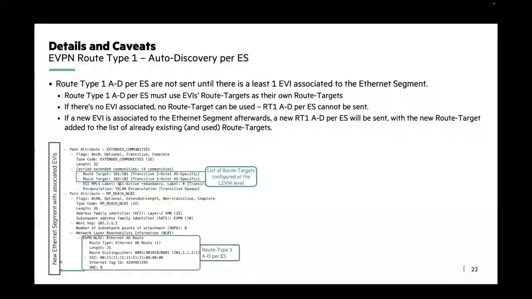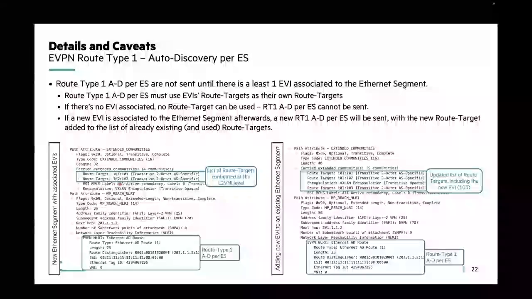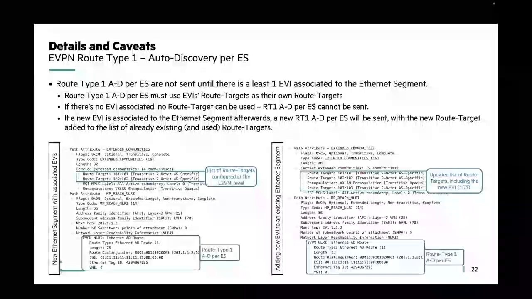That is when we configure a new Ethernet segment with new EVIs. On the other side, when we add a new EVI to an existing Ethernet segment, let's say that we are adding EVI 103, we can see now in the new RT1 AD per ES that we still have the 2 previous route targets, but we also have the new one, which is added to the list in the extended community.